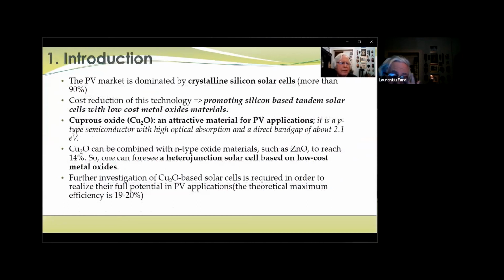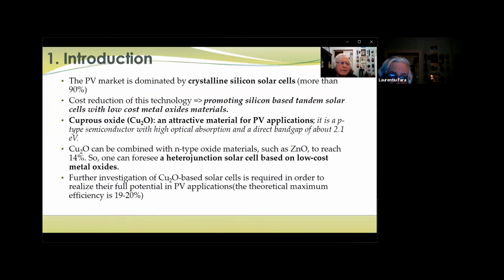Regarding the introduction, we have to consider that the cost reduction of the technology based on crystalline silicon solar cells allows us to promote silicon-based tandem solar cells based on metal oxide materials.